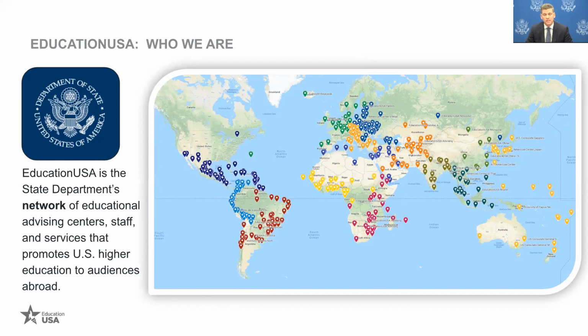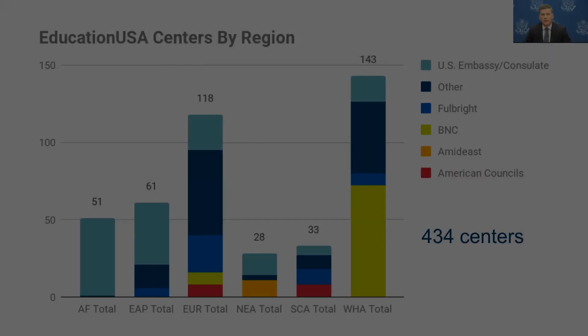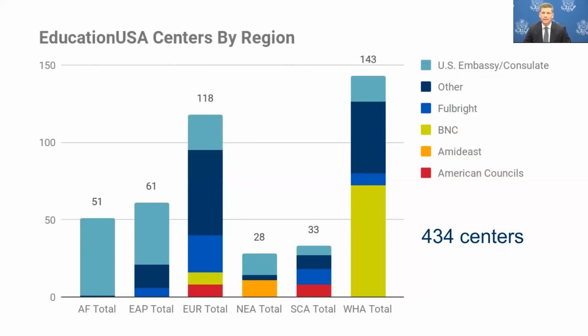And our network is comprised of advising centers, staff, and services, all that help promote U.S. higher education to audiences throughout the world. So as you can see in this slide, there are 434 centers actually where Education USA operates, and Europe and Eurasia is fortunate to have 118 of those spread throughout the 46 countries where we work.